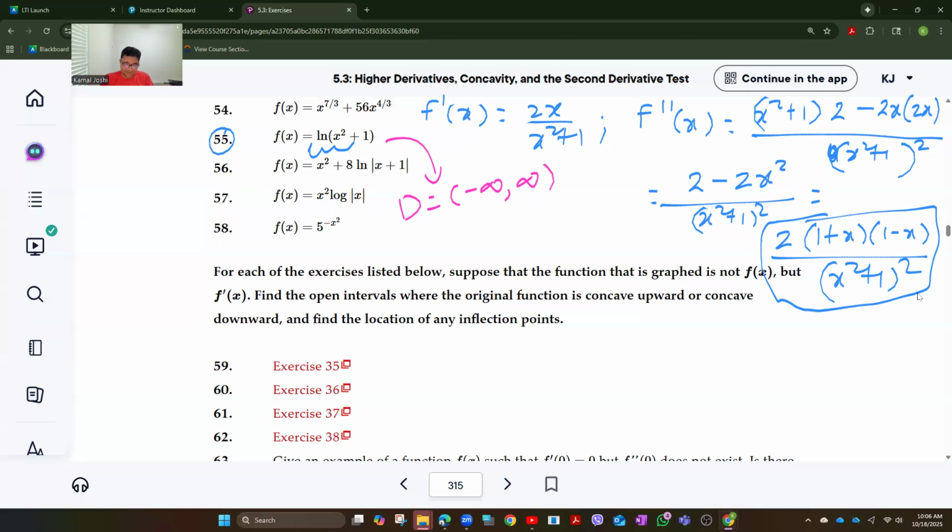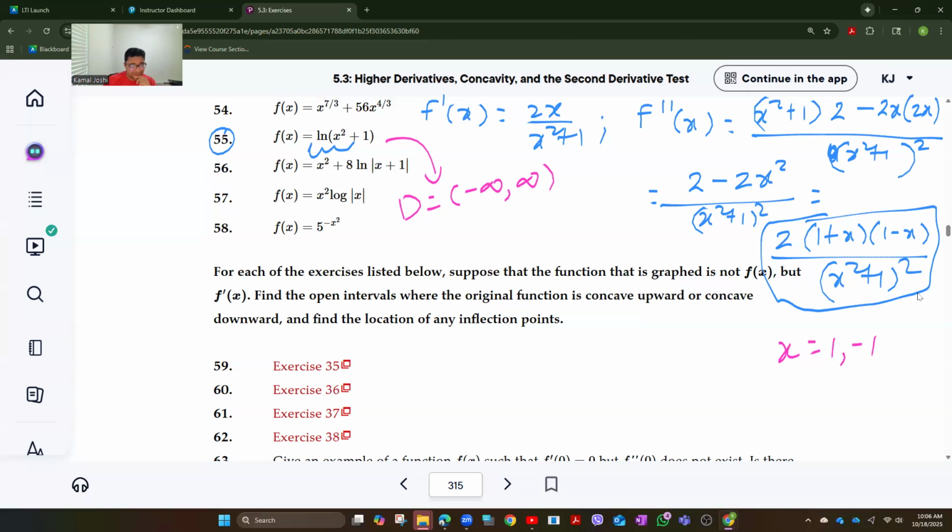So the only candidates for inflection points or critical numbers would be where the numerator is 0. The only critical number is x equal to 0, because the derivative is 2x over x square plus 1. And the only candidates of inflection points are x equals 1 and minus 1 based on the numerator there.